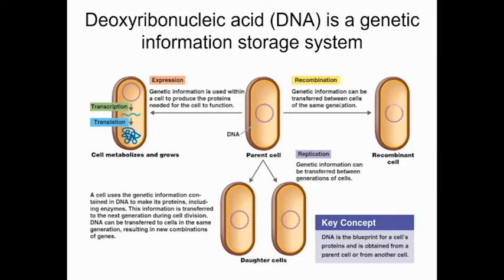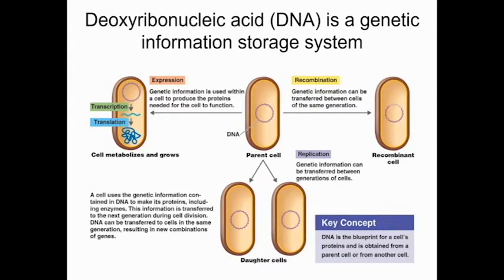The transfer, there are 3 different pathways, okay? One is the transformation, which we will discuss right in the next few slides. That's how the bacteria cell performs this horizontal gene transfer. And number 2 will be the conjugation. Number 3 will be the transduction.